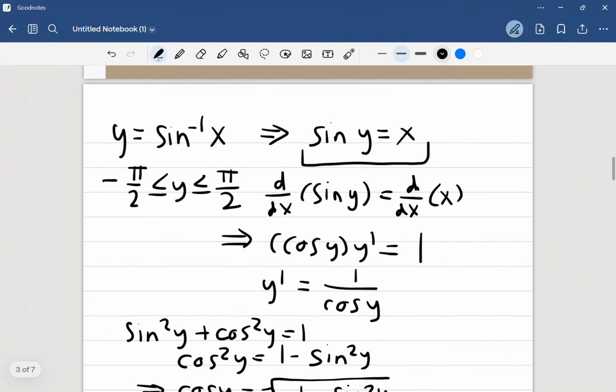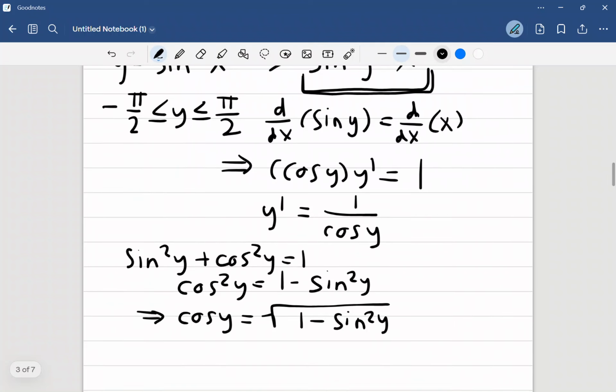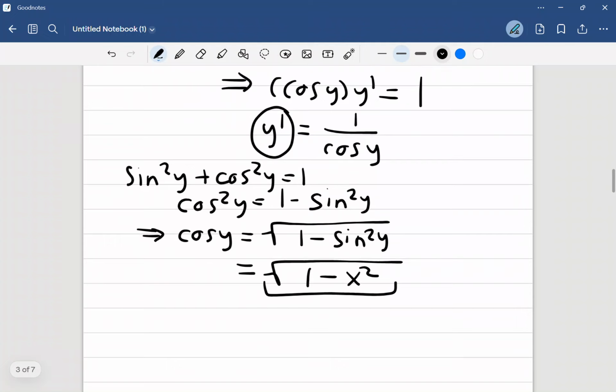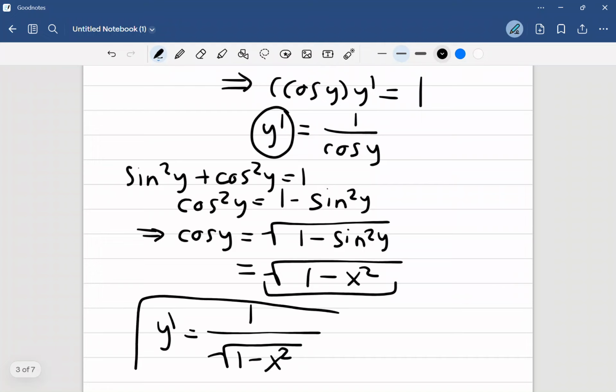But sine y is just x, so this is equal to the square root of 1 minus x squared. And we can plug this back into our equation for y prime, and we get that y prime is equal to 1 over the square root of 1 minus x squared. And that's the derivative of the arcsin function.